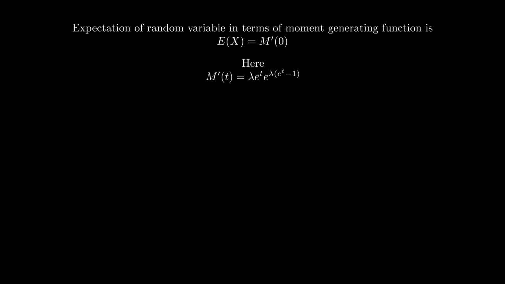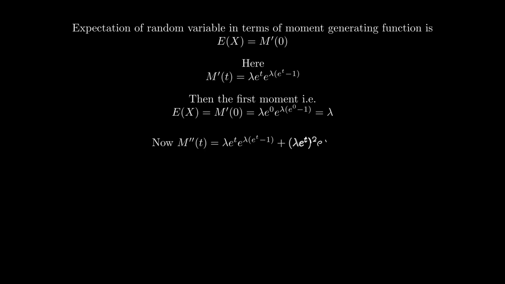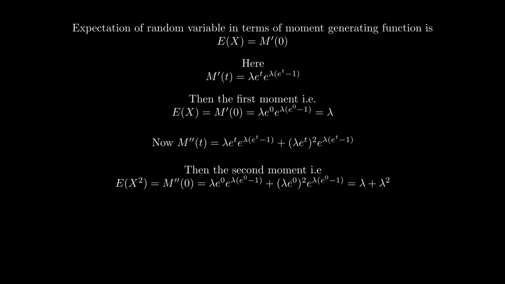So you can get the first moment, and the first moment is expectation. That means E(x) is the first moment, E(x square) the second moment, E(x cube) the third moment, E(x^4) the fourth moment. Now if you want to find the second moment, differentiate it 2 times and put the value of t as 0.